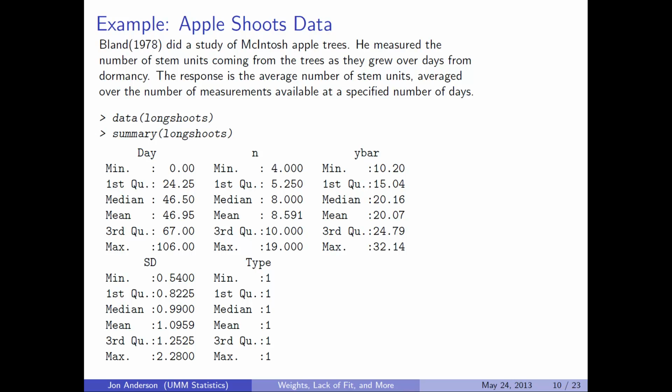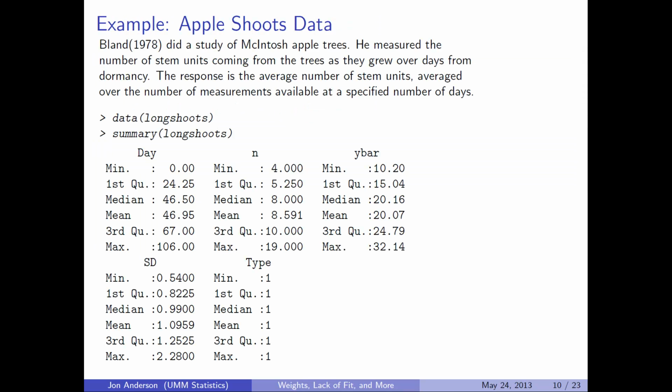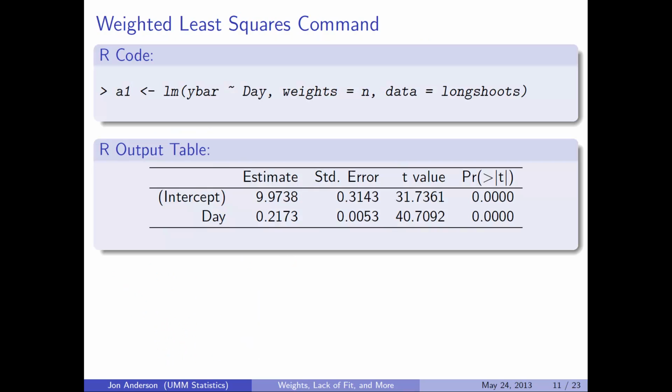And so we're going to use these data to illustrate the technique. So we're going to be modeling the average number of stem units as y bar, and we're going to try to build a relationship with the number of days for the growth. Presumably, as the trees grow more days, you'll have different numbers of stem units.